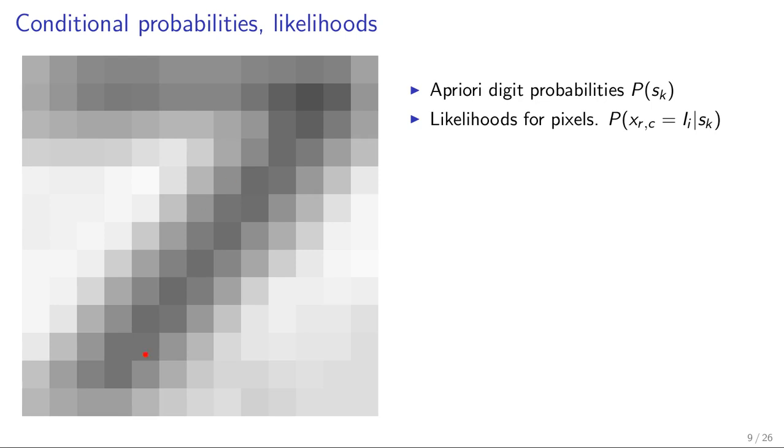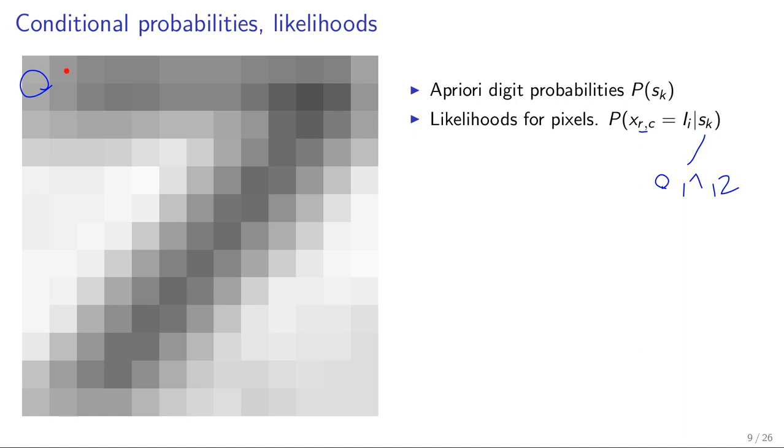Okay, so here it is a 7. You have these a priori digit probabilities, which may be a uniform prior, or it may not be. Then this is 0 or 1 or 2, and this is a pixel at specific coordinates. So it can be, let's say, this pixel.